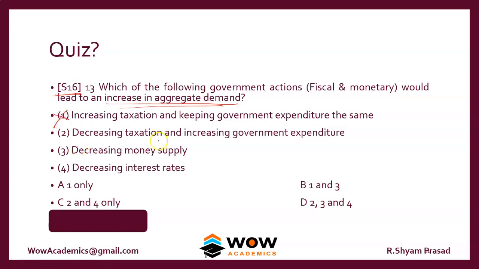Decreasing taxation, yes, people have more money. Increasing government expenditure, yes, if the government spends the money, the citizens will get that money. Decreasing money supply, no, our job is to increase aggregate demand. And last is decreasing interest rate, yes, people will borrow more money and there will be more money supply.